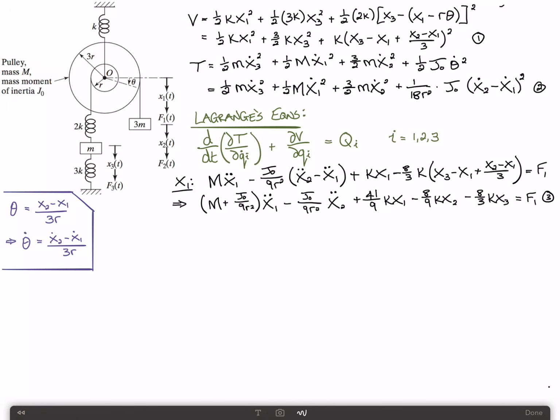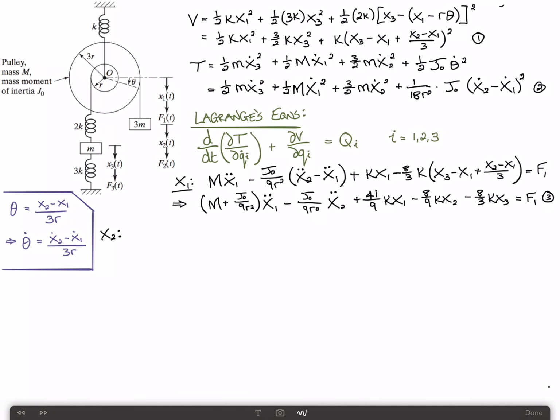All right, I'm going to start a little bit more to the left here just to make some room for myself. For the x2 equation of motion, we proceed exactly the same way, except now we take the derivative of T with respect to x2 dot. We find when we do that, we get, where are the x2 dots? So it's this term here and this term here.